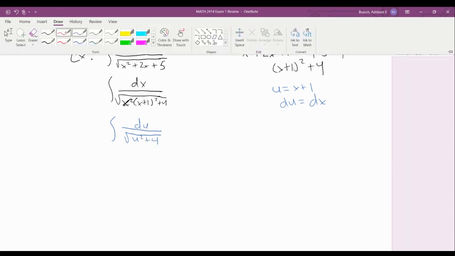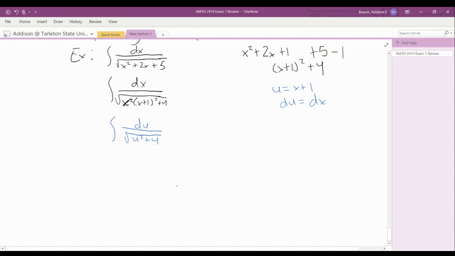That puts us in the exact format for a tangent trig sub, so we can do another substitution to say that u is equal to 2 tangent of theta and du is equal to 2 secant squared of theta d theta.